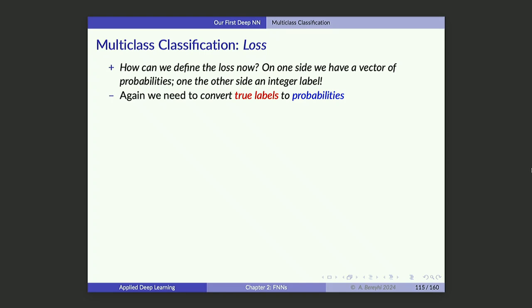If I have a binary classification, then my v, which is the true label, it could be either 1 or 0, right? And then we said if v equals 1, then what do I say? I say the probability of v being 1 is 1. What is the probability of v being 0?